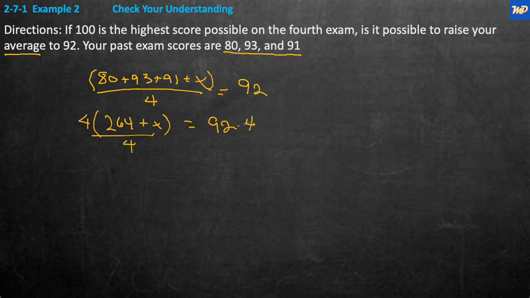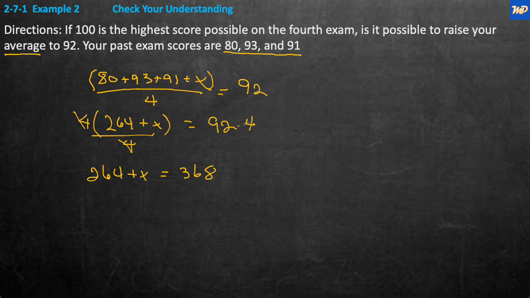And when we do that, these 4's are going to cancel, and we're going to have 264 plus the x, and that's going to be equal to 92 times 4. 90 times 4 is 360, 2 times 4 is 8, so it's going to be 368. Now we have to get the x by itself, and we're going to have to undo this addition here.